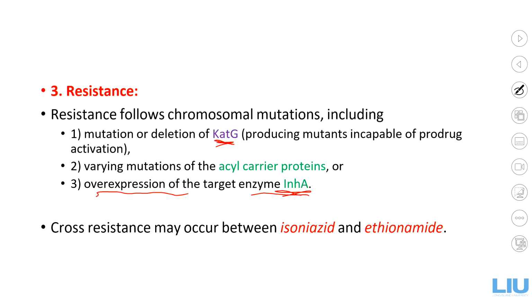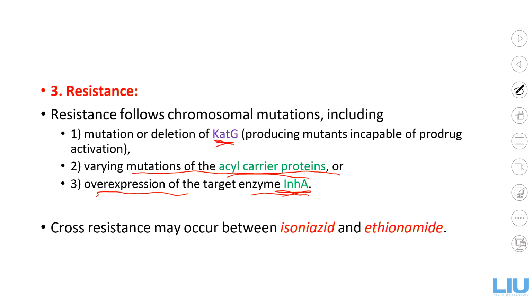Expression means transcription and translation of the enzyme, such that you have much of these enzymes. So you could have mutations on the enzyme that activates the drug, mutations of the enzymes that the drug acts on, or you might have overexpression, too much production of the enzymes that are inhibited. Make sense?